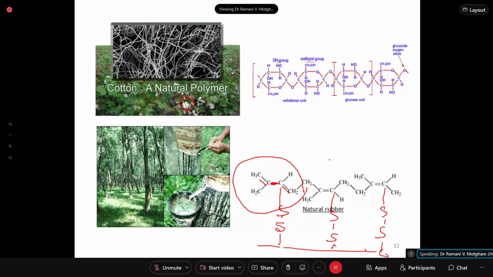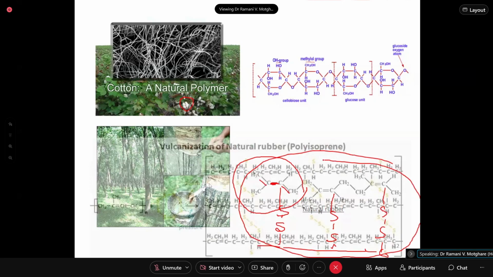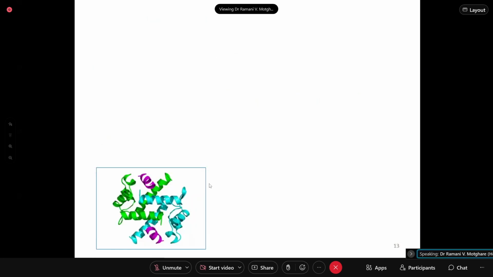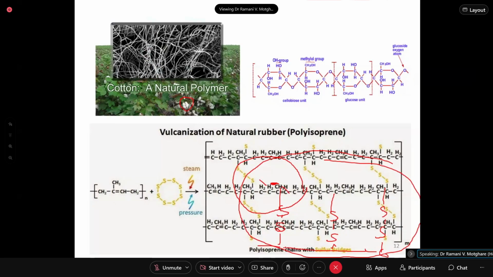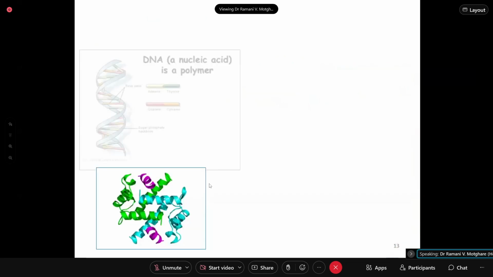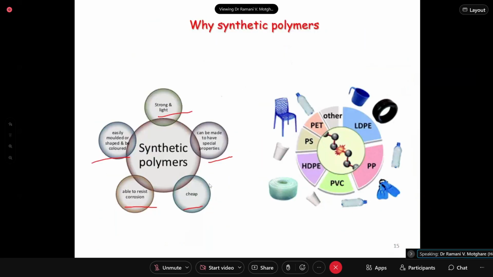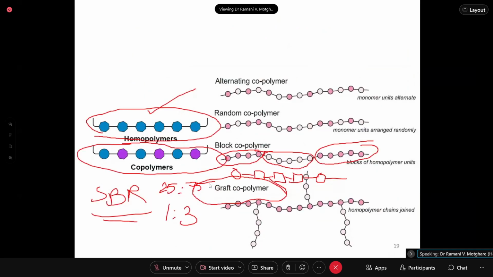So such ebonite or vulcanized rubber is very tough. Here it is shown: vulcanization. This is your polyisoprene with sulfur under steam, and you get the formation of such grafting between two linear chains. That is why this is an example of a graft polymer. Okay, so if examples are asked, you can write vulcanized rubber as the example of a graft polymer.